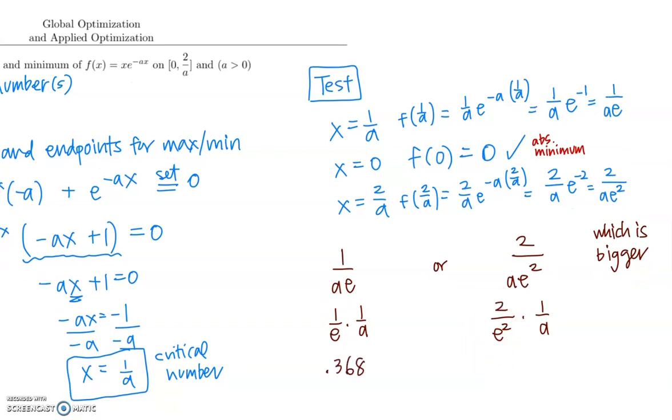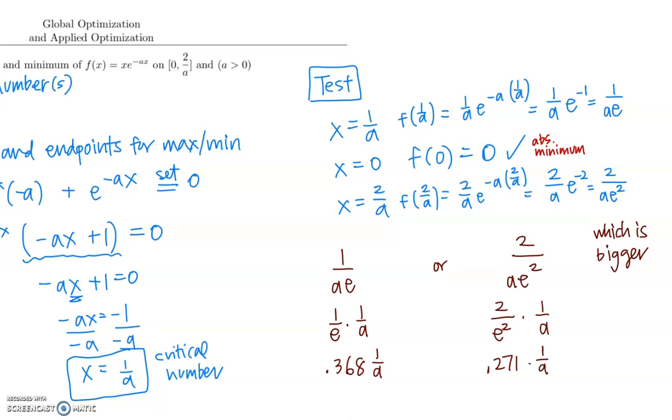So just with Desmos, I found out that 1 over e is 0.368, and that's times 1 over a. And then with Desmos, let's do 2 divided by e squared, and I get that this number is 0.271 times 1 over a.